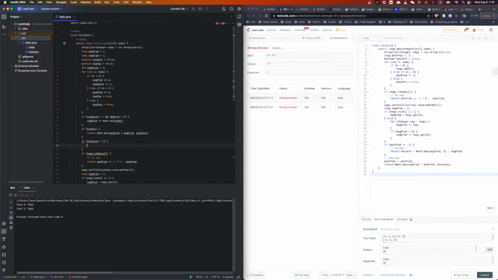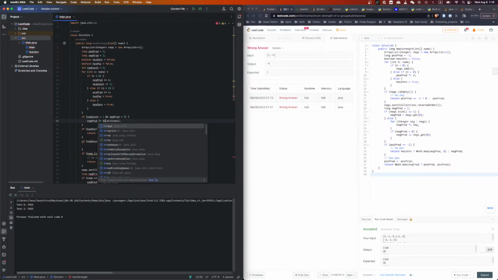Okay, we have negative. If we have negative, then oh shoot, that's probably another one. Arrays.